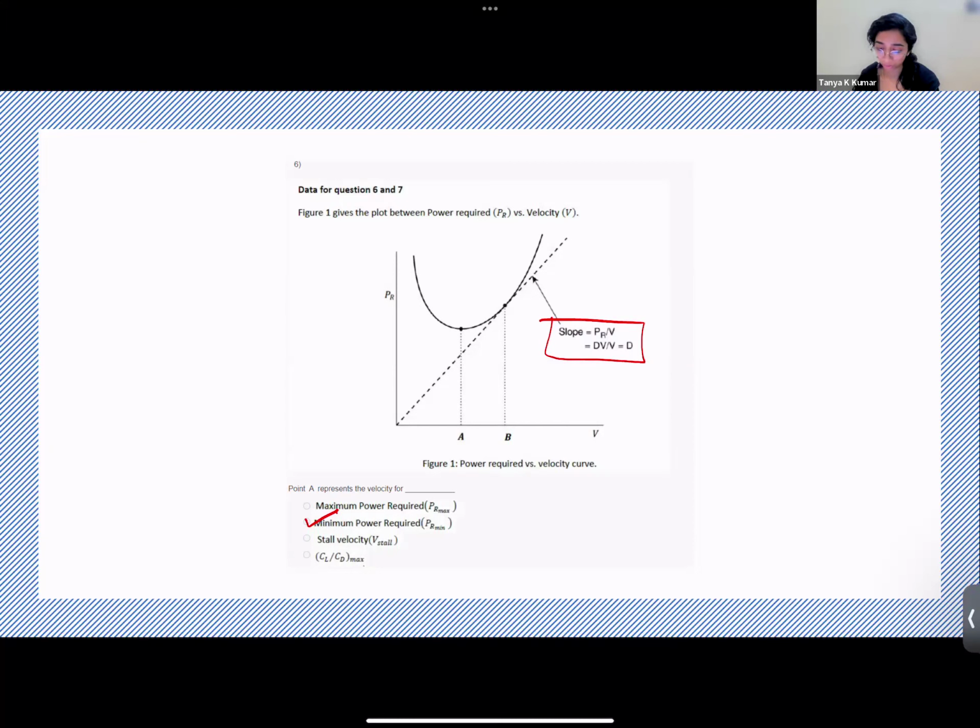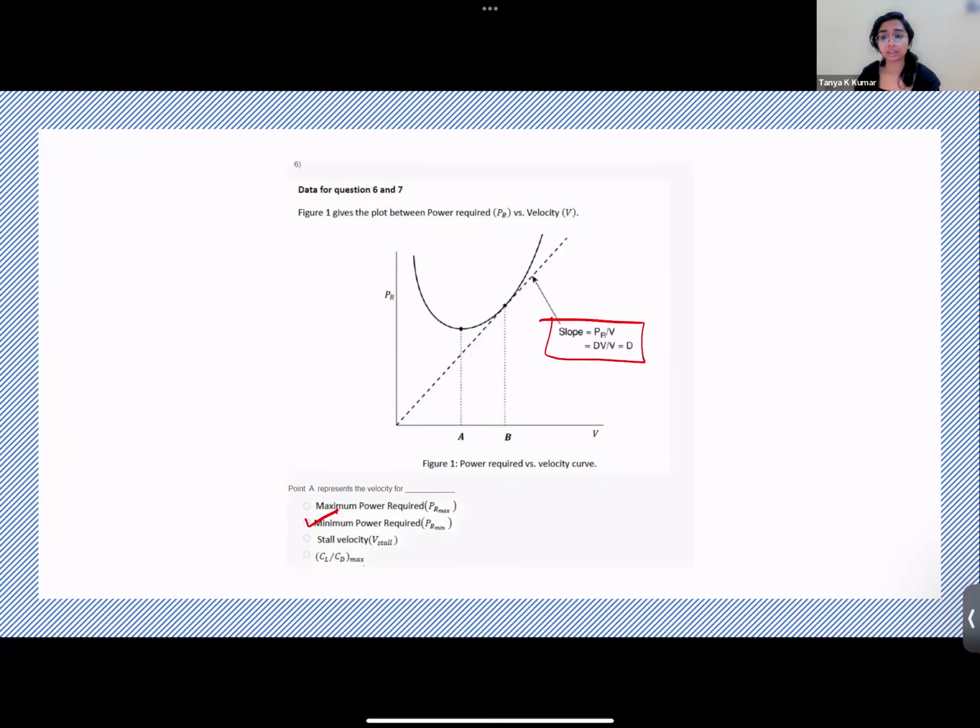Minimum thrust required. Okay, how is it minimum thrust required? If minimum thrust required is the right answer, then from the given options, the fourth one, correct.